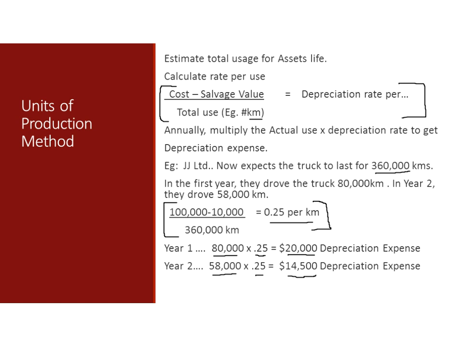So as you can see, this method is very inconsistent in terms of what our depreciation expense will look like. It's completely variable based on the actual use of whatever we've chosen our rate to be against. So in this case, we use kilometers. Again, we could use machine hours. We could use number of units. We could use any number of variables there.